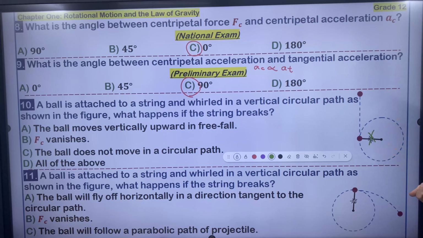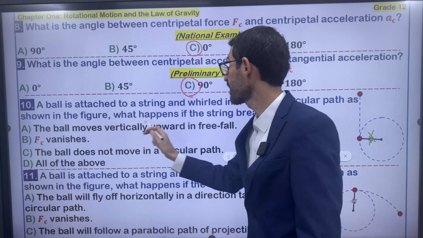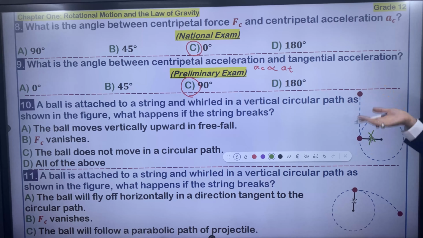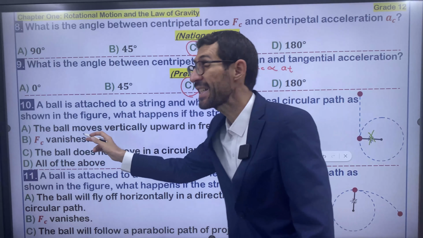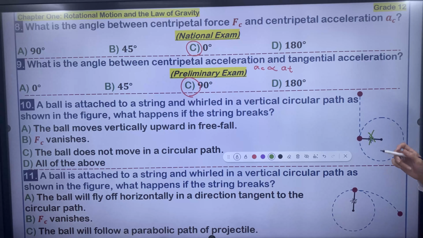Let me read the options. A. The ball moves vertically upward in a free fall. It can be. B. FC vanishes. Vanishes means disappears. FC is no longer there, FC becomes zero.